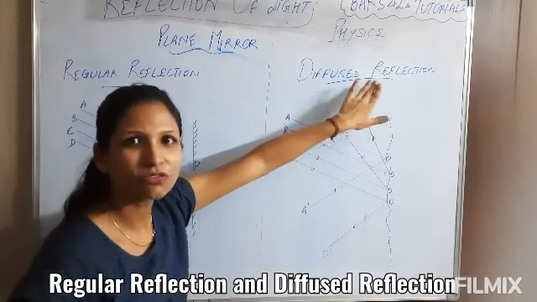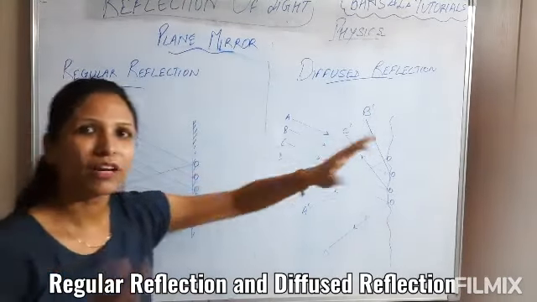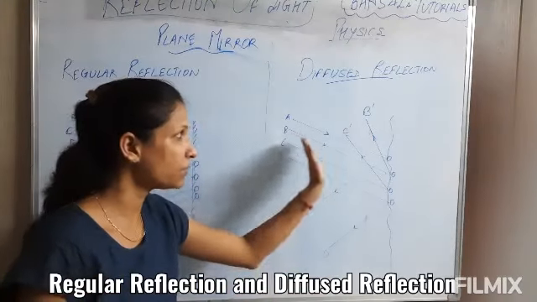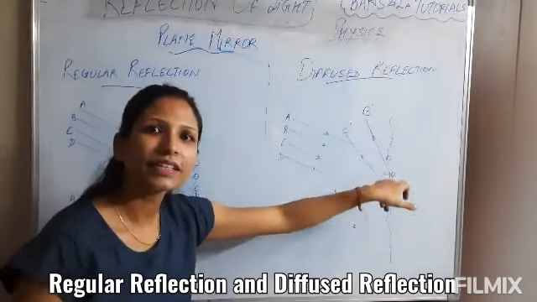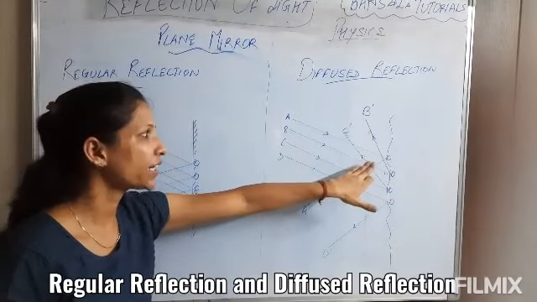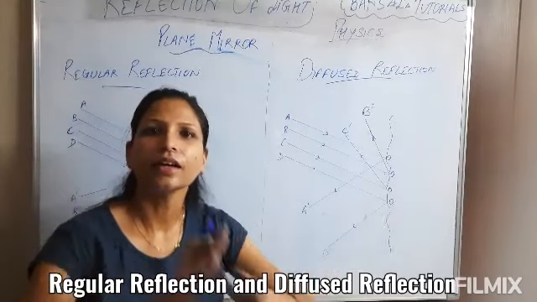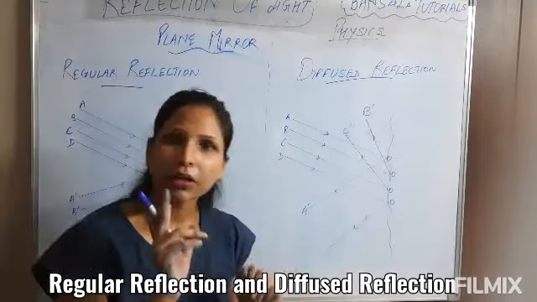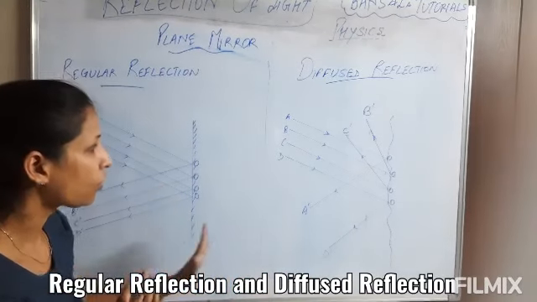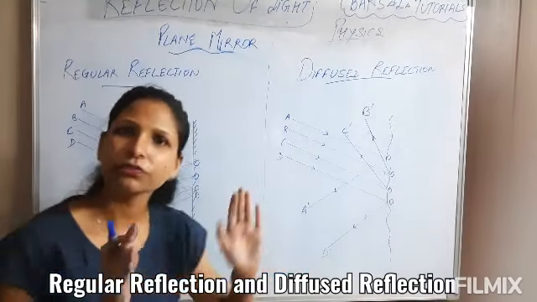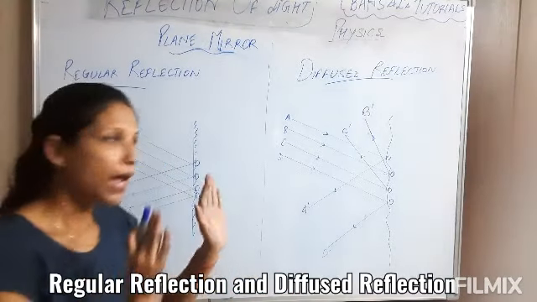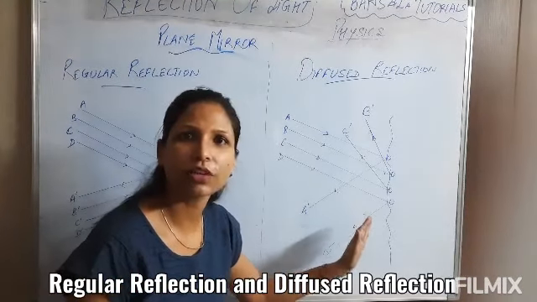But in diffuse reflection, parallel beam of light is coming. Yes, it's a parallel beam of light, but when it gets reflected, each ray will get reflected in random direction. But remember one thing, the laws of reflection are always followed in regular reflection and also in diffuse reflection.